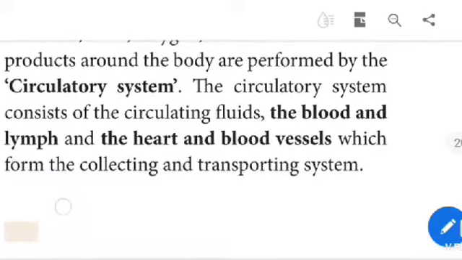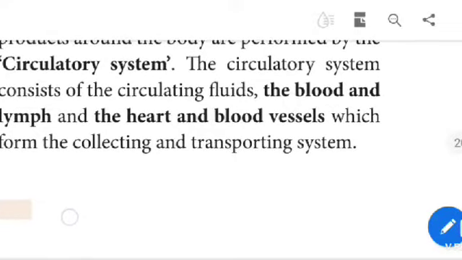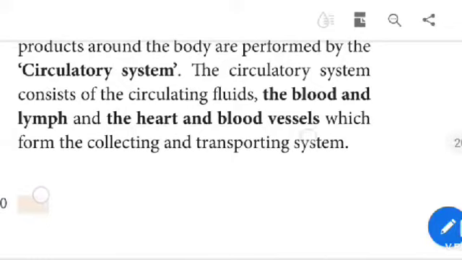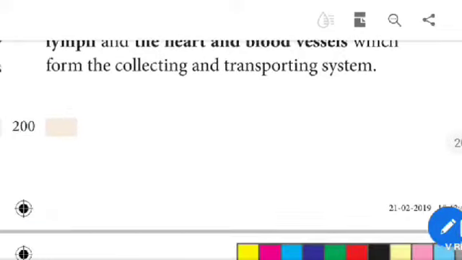The circulatory system consists of the circulating fluids, the blood and lymph, and the heart and blood vessels, which form the collecting and transporting system.